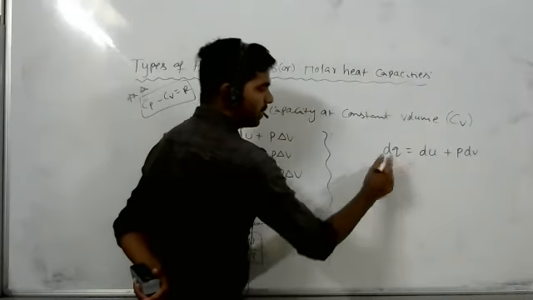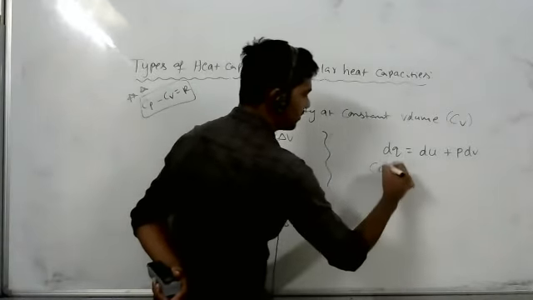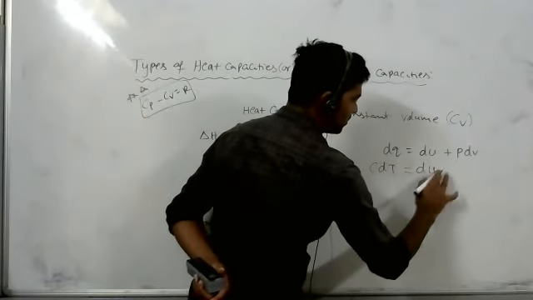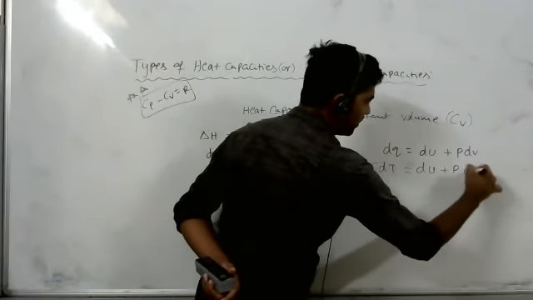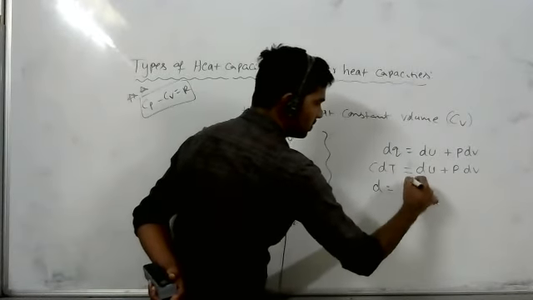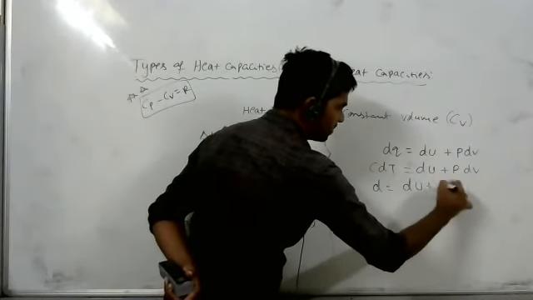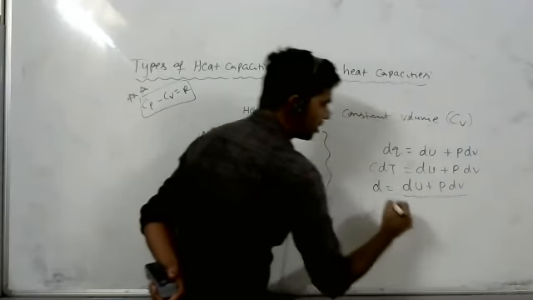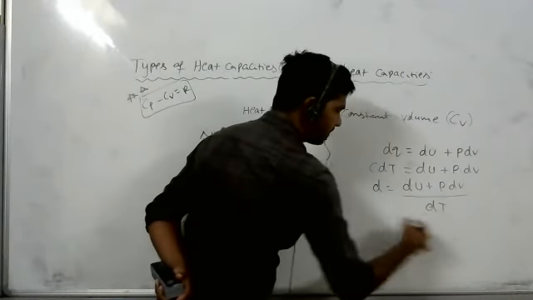Instead of dQ, we will write C into dT. C into dT is equal to dU plus P into dV, so C is equal to dU plus P into dV divided by dT.